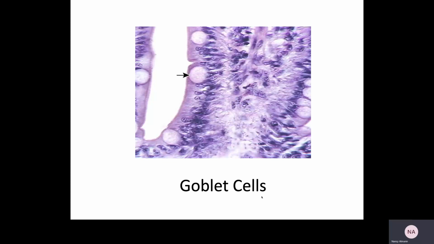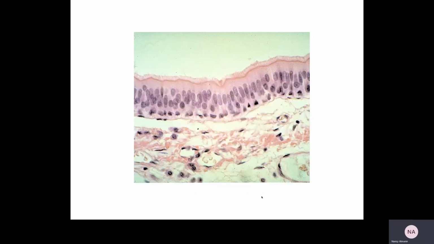So the mucus actually provides lubrication, which means that the material can move more efficiently and more rapidly and do less damage to the walls of the GI tract. This shows you simple columnar epithelium with cilia.